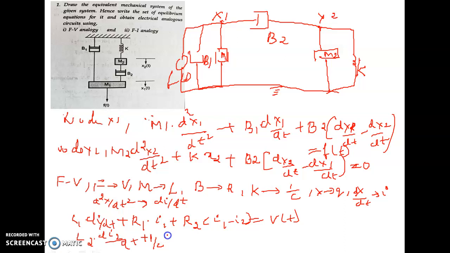So x is analogous to q, that is dx by dt is analogous to I. So if I take for x, that is the integral of I dt, plus b2. b2 is nothing but r2 into dx2 by dt, that is I2 minus I1, is equal to 0.